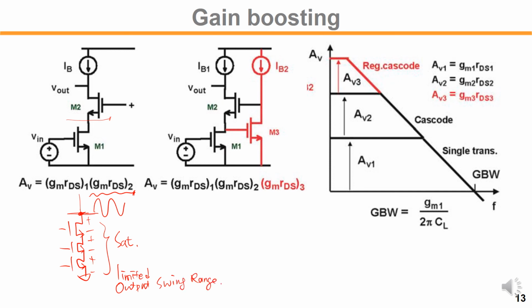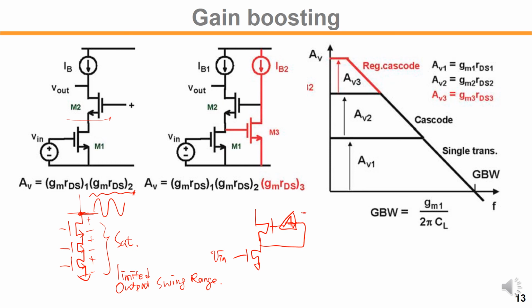Without changing the output swing range, we can have feedback circuit gain boosting by putting an amplifier here. So here we take the output voltage and a voltage gain AV, amplify the gain, and some negative gain here. AV will improve the output resistance.